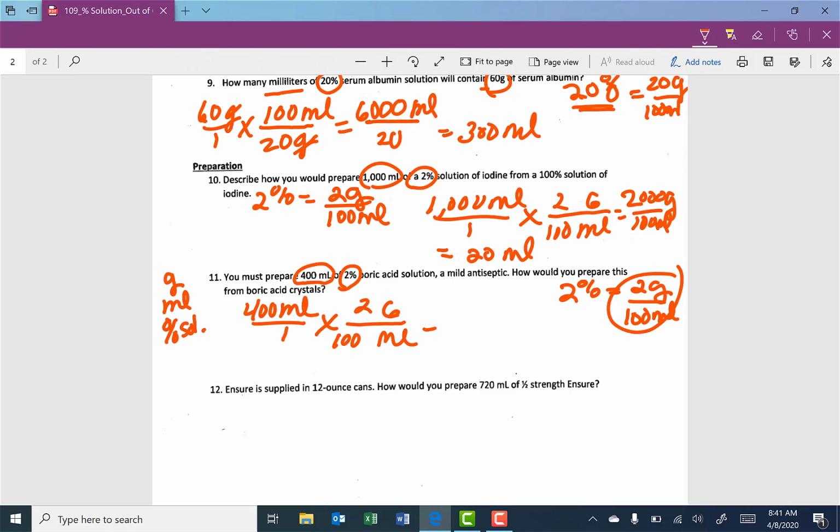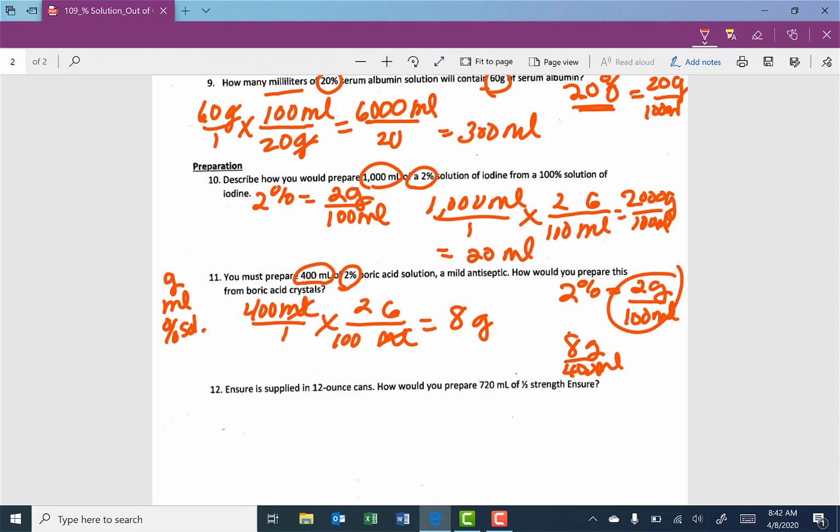Milliliters cross out, and we're going to end up with grams. So 400 times 2 divided by 100 is going to be 8 grams. Think about that. You have 8 grams over 400 milliliters. If you divide that out, you're going to get 2%. They all work together.